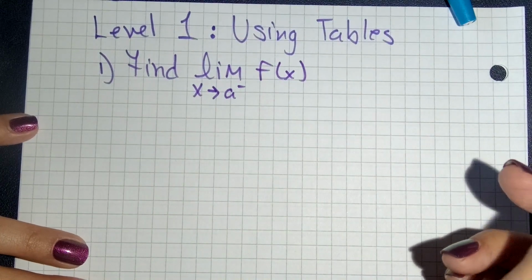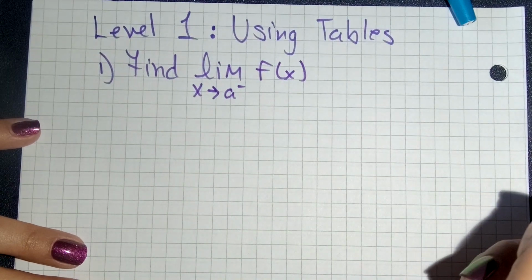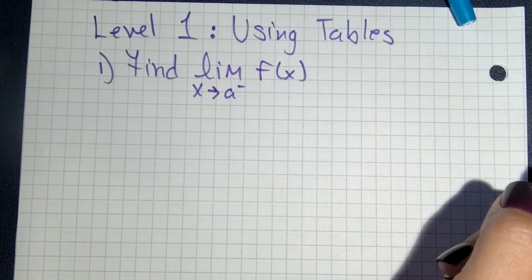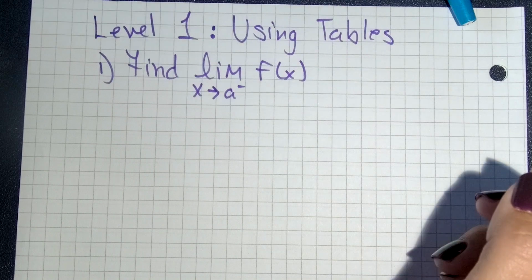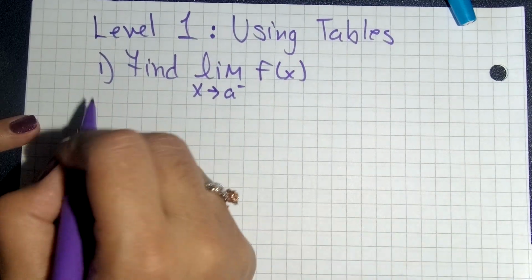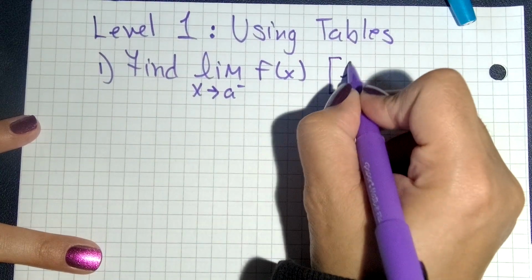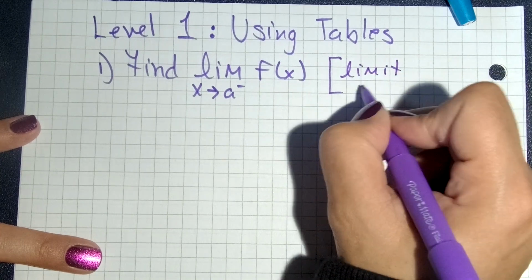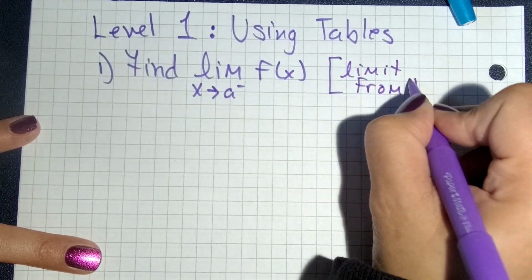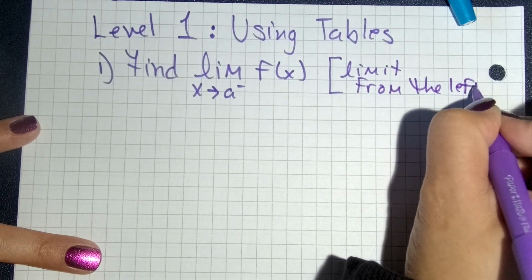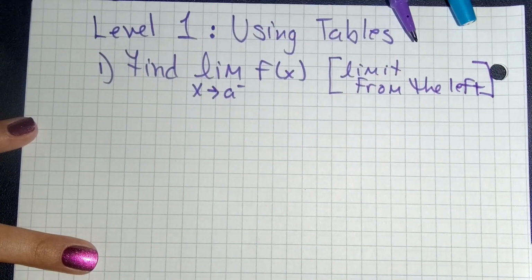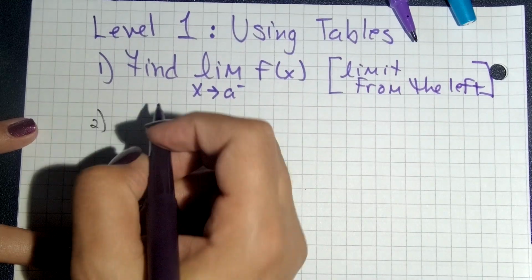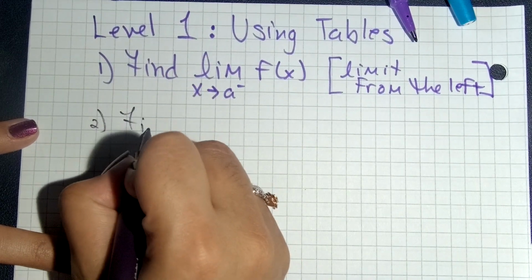For those of you who don't remember how to do this, we're going to need to remember. Everything we're doing is combining together. This is the limit from the left. Then we're going to need to find the limit from the right.